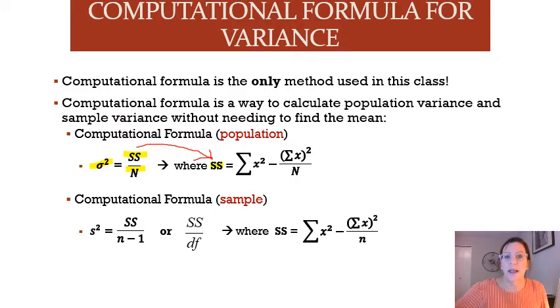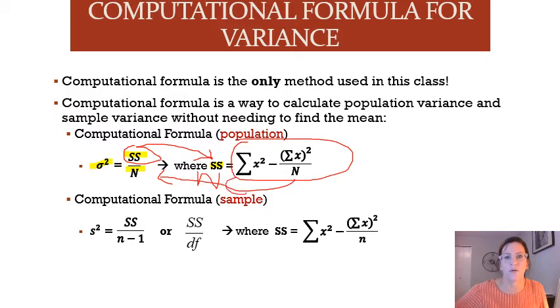What you're actually calculating with SS is this right here: the sum of x squared minus the sum of x total squared divided by n. This entire equation goes right here. So this n does not represent this n.